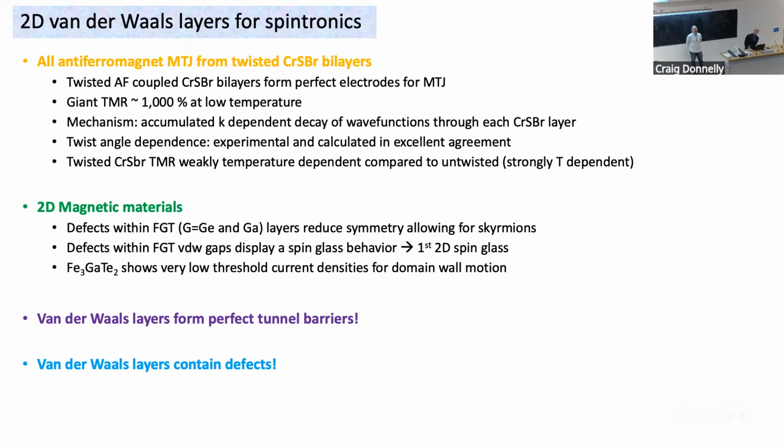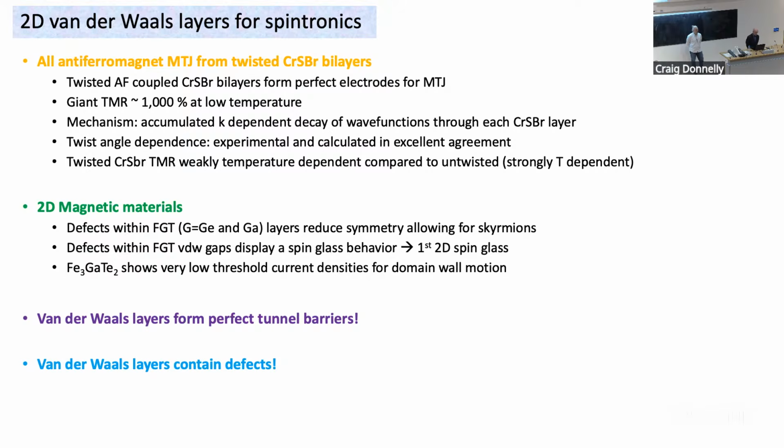And when you use FGT for tunneling, for the magnetic tunnel junctions, do you think the 2D spin glass would affect the tunneling magnetic resistance? Well, actually, if you really wanted to tunnel from the FGT as a magnetic electrode, and you had these random spins, if they were fluctuating, then they would probably depolarize the tunneling current. So it would be very bad. But there is quite high efficiency as well from FGT junctions.